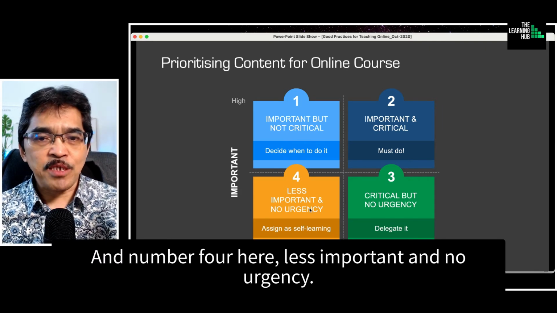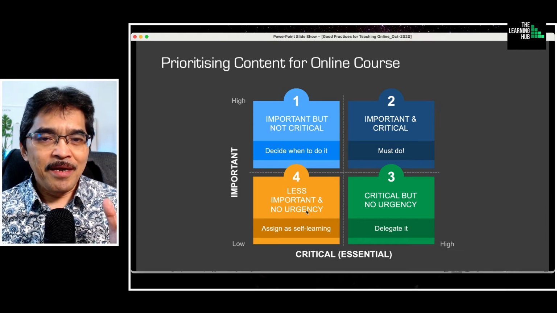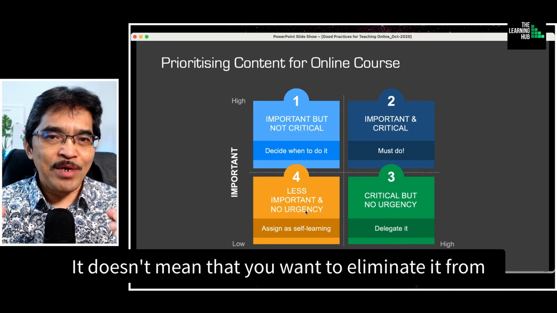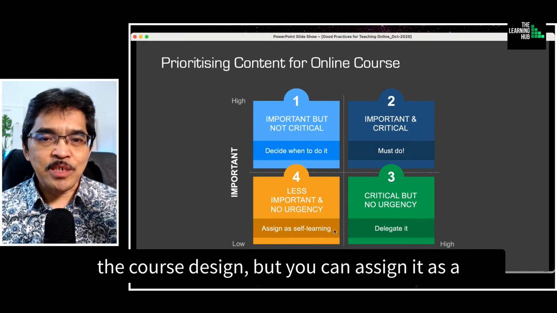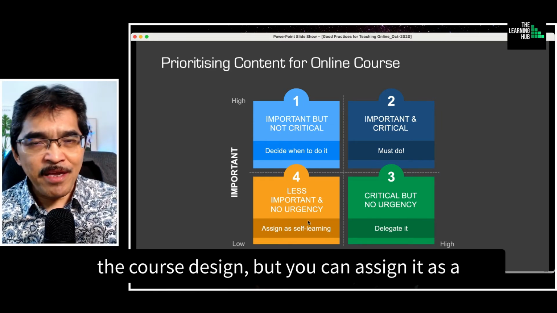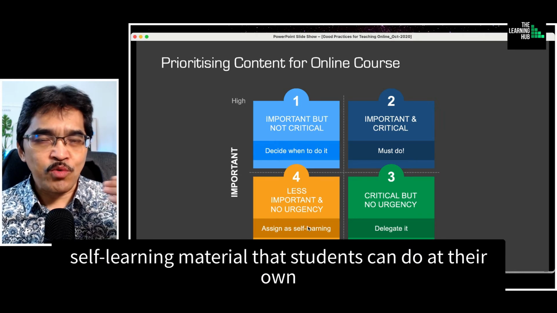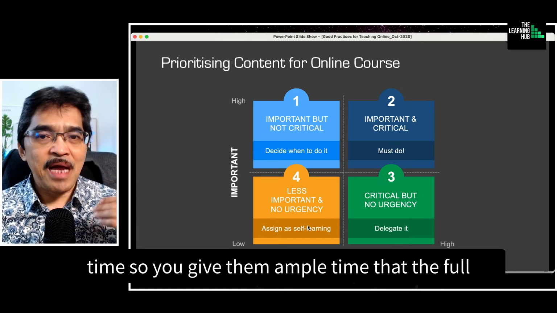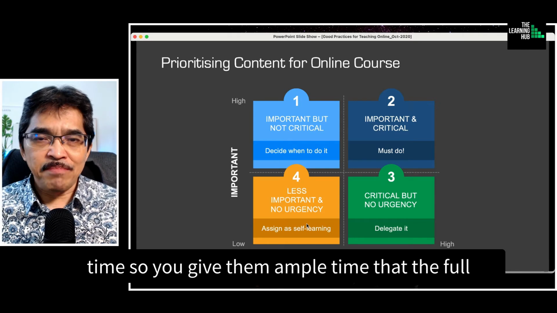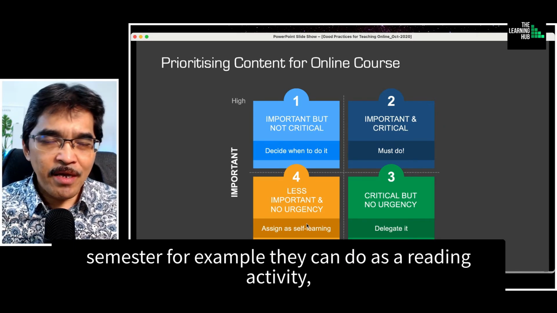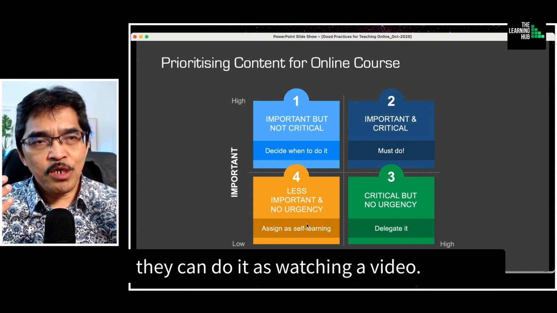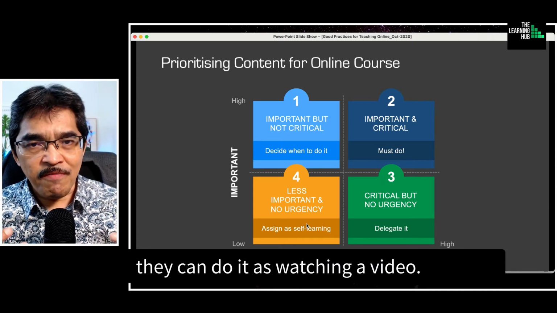And number 4 here, less important and no urgency. It doesn't mean that you want to eliminate it from the course design, but you can assign it as a self-learning process, as self-learning material that the students can do at their own time. So you give them ample time, the whole semester, for example. They can do it as a reading activity, they can do it by watching a video.